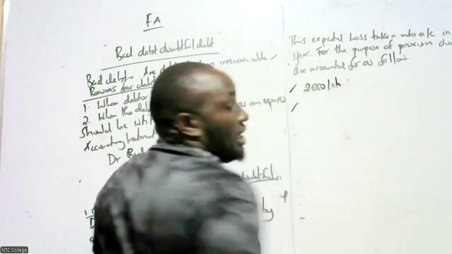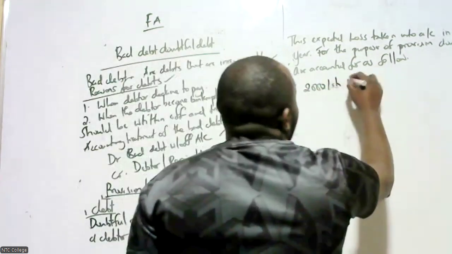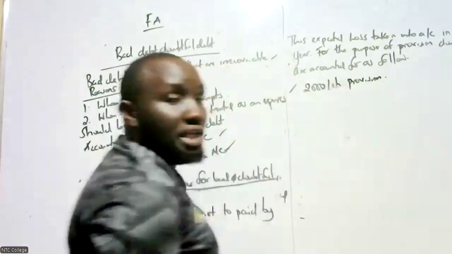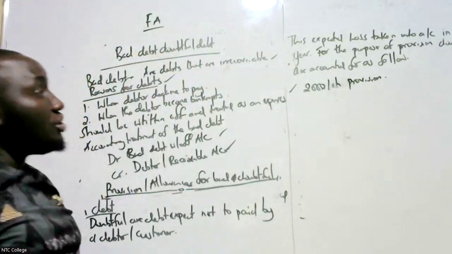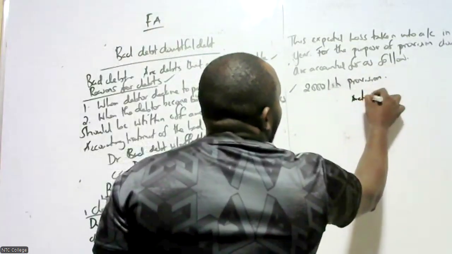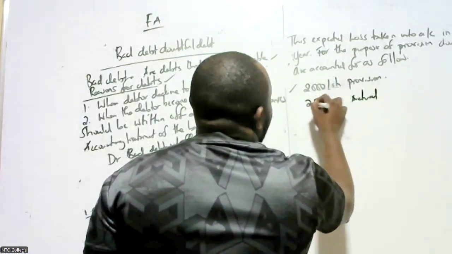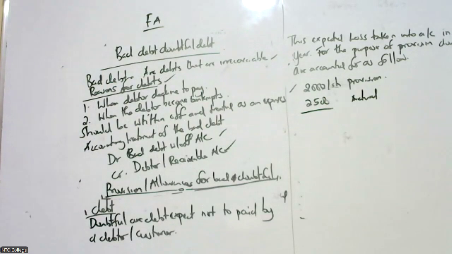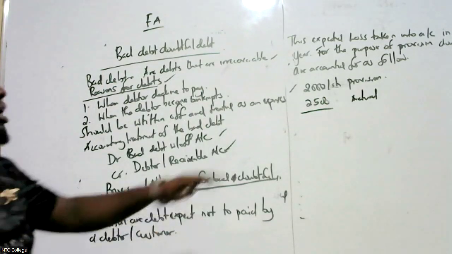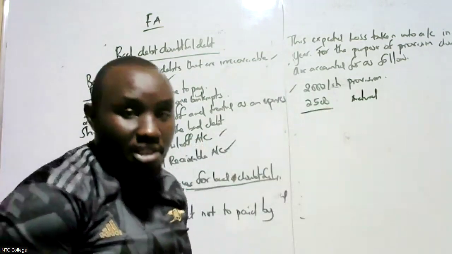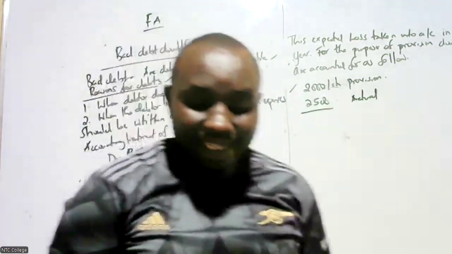Then at the end of the year, the actual amount of bad and doubtful debt is 2,500. If the provision in the trial balance was 2,000 and the actual amount is 2,500, what happens in that scenario?